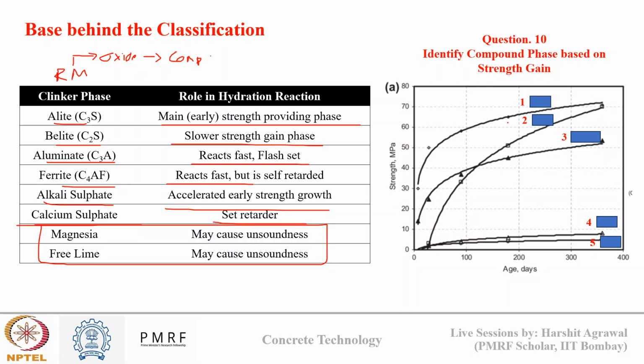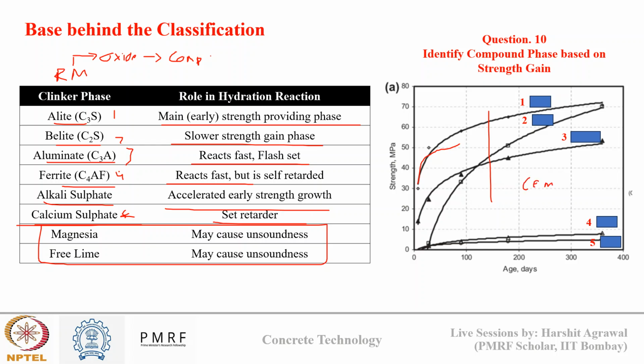Can anyone tell me quickly which compound is represented by which curve? You can see there are five curves here. Each of these curves represents one of these phases: C3S, C2S, C3A, C4AF, and gypsum. And one among these is the entire cement.